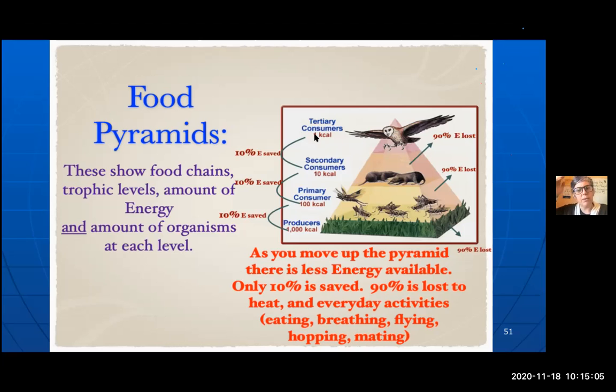If we're going down and only 10% of it is actually moving to the next level. And this is why owls need to eat so many shrews, and shrews need to eat so many grasshoppers, and grasshoppers have to eat so much grass. It's because of that loss of energy at each level.